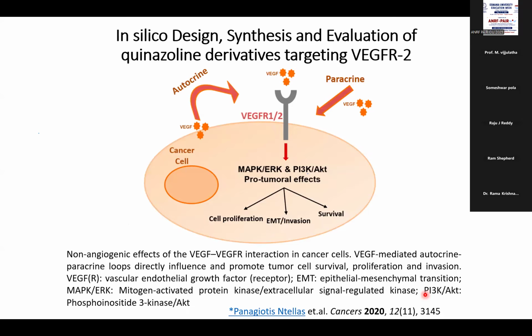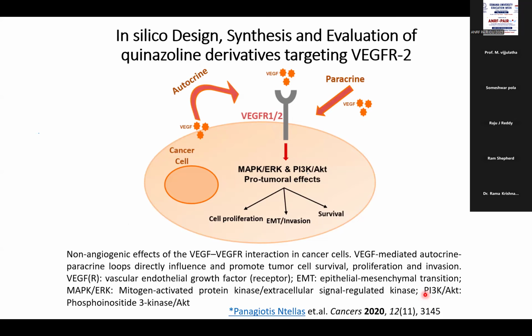So I will just go into my work, what we have done and how we have gone for in silico strategies for synthesizing and evaluating the quinoline derivatives which have targeted VEGFR2.